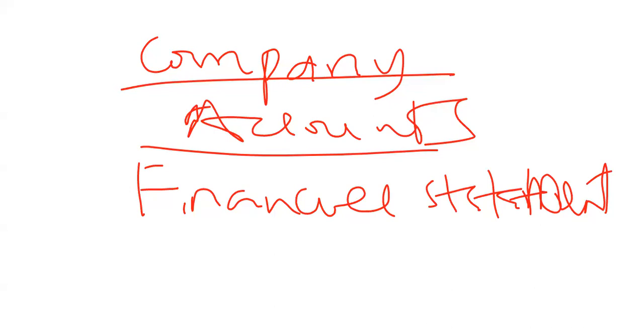So, authorized capital in the question. The question says that 400,000 was the authorized capital, 600,000 was ordinary shares. So, authorized capital: 600,000 ordinary shares of 1 naira.